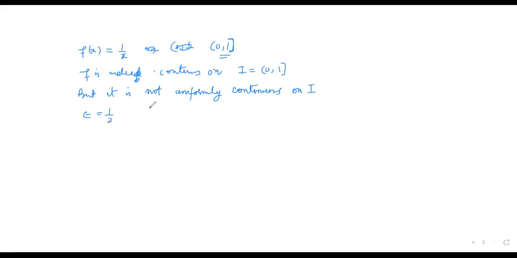Because suppose I take epsilon equal to 1 by 2, and I choose some delta positive. Then I take n bigger than 1 by delta, and I take points, say, x1 equal to 1 by n and x2 equal to 1 by (n plus 1).